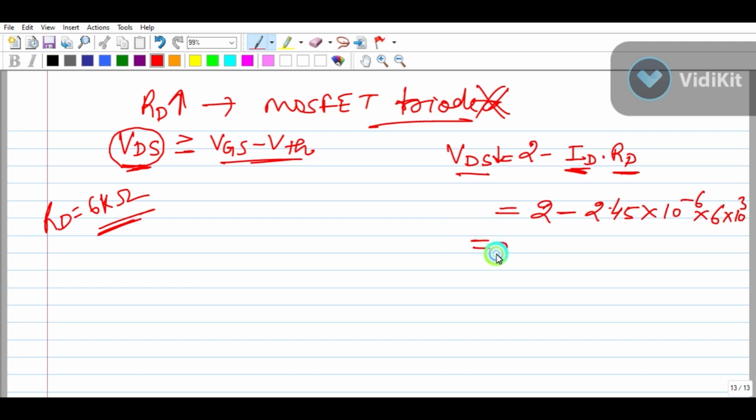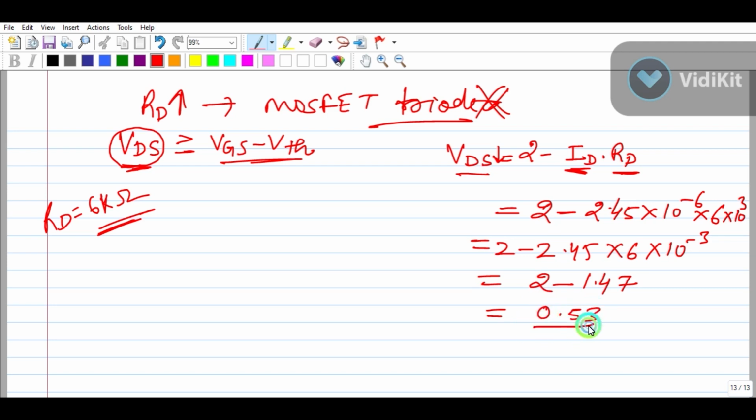So it will become 2 minus 2.45 into 6 into 10 to the power minus 3. So what will I get? I will get 2 minus 1.47, which means 0.53. This is the new VDS after doubling RD.